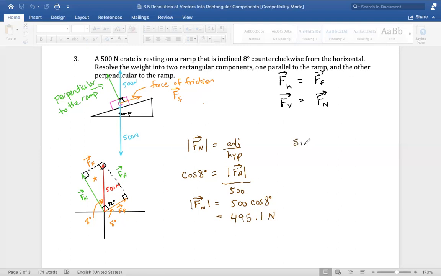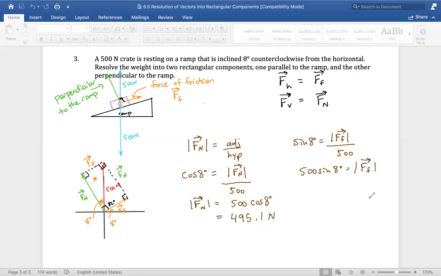And so then I know if I do the sine, I would get the opposite one, right? So the sine of 8 degrees would be opposite over hypotenuse. So that's my friction vector. I'm figuring out the magnitude of my friction force, opposite over hypotenuse, that 500 again. The friction vector is equivalent to what I would have figured out as my horizontal component, so 500 times sine of 8 degrees is equal to my horizontal component, or friction force.